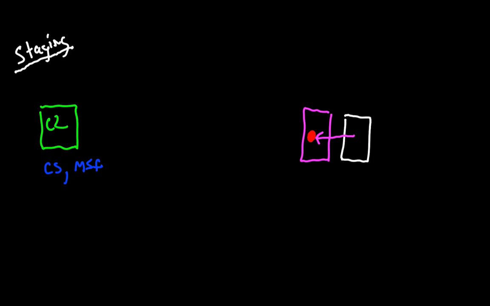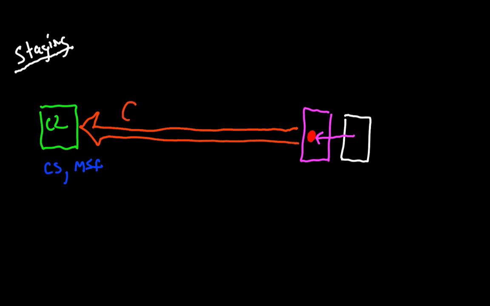That payload stager starts to run. And the staging protocol for an HTTP or HTTPS stager is to make a GET request from its controller. The GET request is just a GET, and it is a URI that checksums to a certain value.